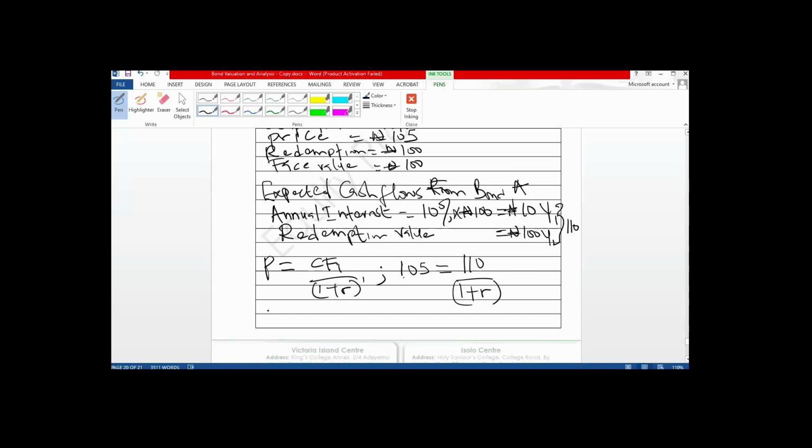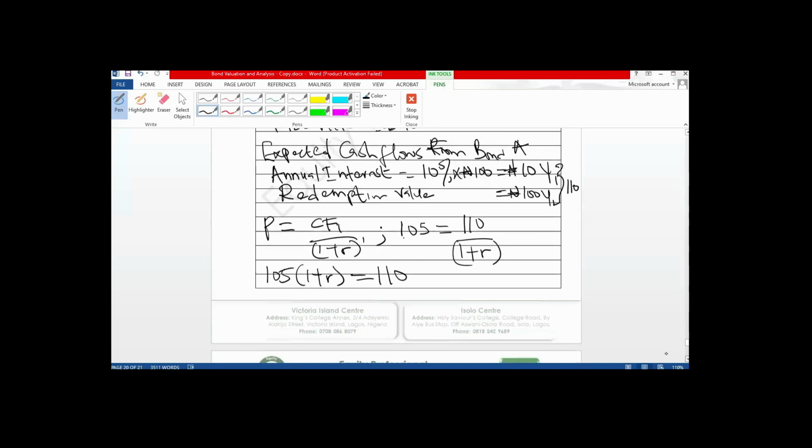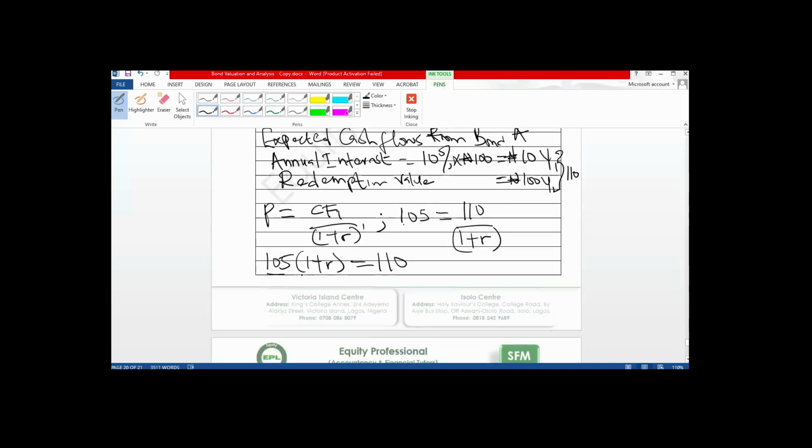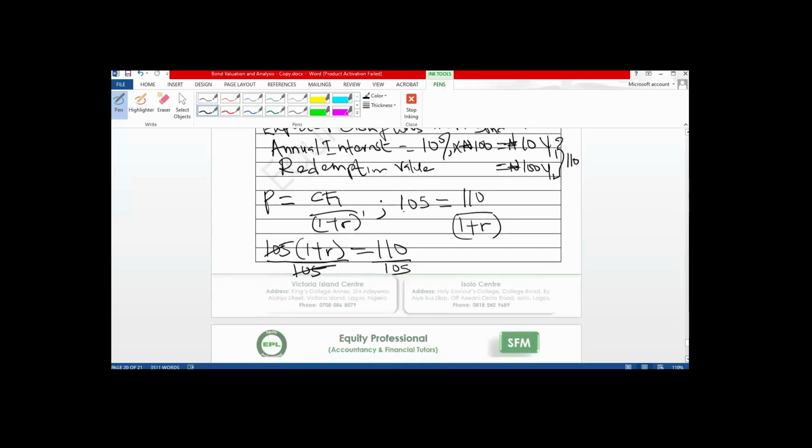We can cross multiply. This will give me 105 bracket 1 plus R is equal to 110. Divide both sides by 105. This will cancel out this. Please divide 110 by 105.